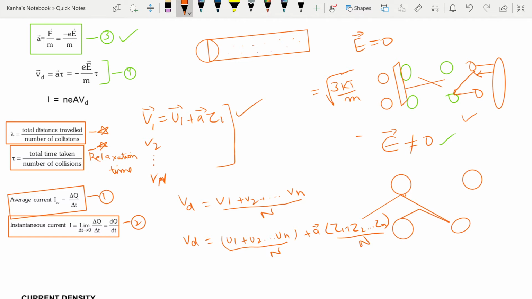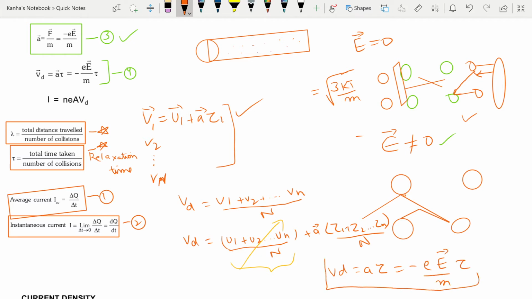I'm just opening this up, but we already know that the first quantity is the average initial velocity, which is 0. So I get my vd is equal to only the second quantity. My vd = a times tau, which is nothing but minus E by m tau.